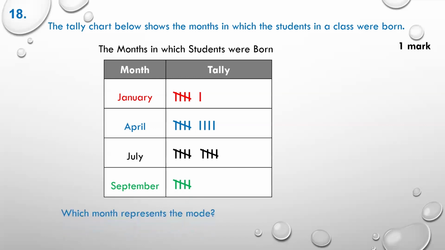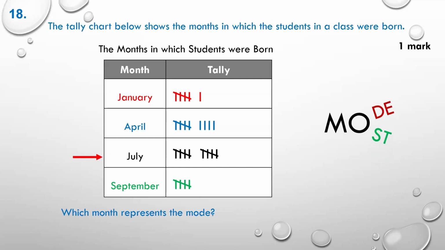Which month represents the mode? So let's recall, M-O-D-E, mode. It means in which one of the months the students had the most birthdays. So most birthdays were in the month of July, because January is 6, April is 9, September is 5, and July is 10.